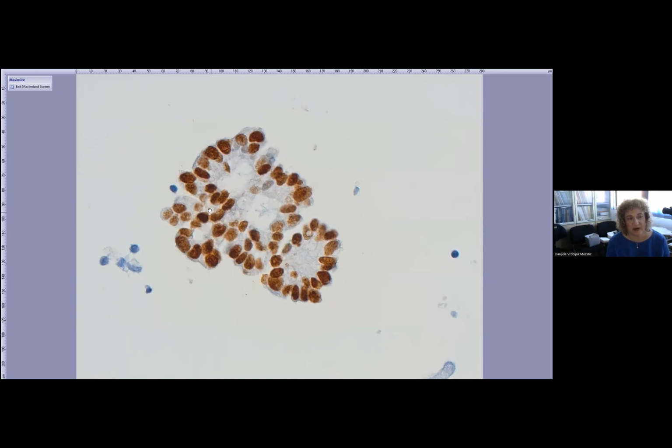In a pap smear, when you have such atypical glandular clusters on a clean background, you can sometimes suspect extrauterine origin, so from the fallopian tubes and ovaries. Recently, I think two weeks ago, we had a case like this. Everything was negative, curettage and ultrasound, and no tumor was found on imaging.